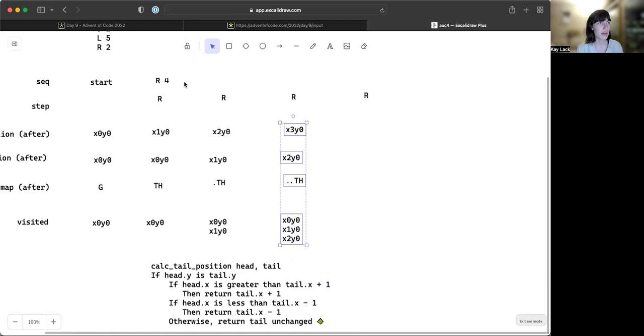So let's actually try changing this. Let's have this be R2, and then let's say left 2. That'd be interesting, actually. So it'll need to go over. Okay.